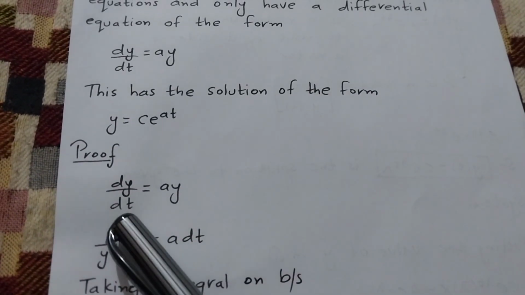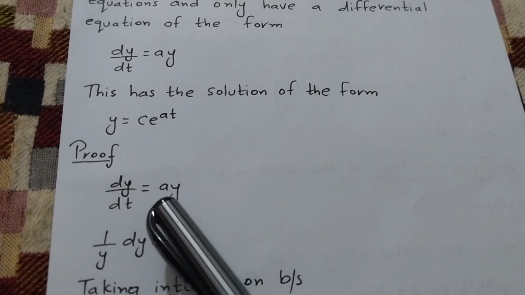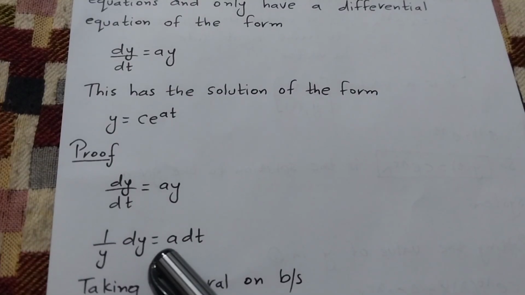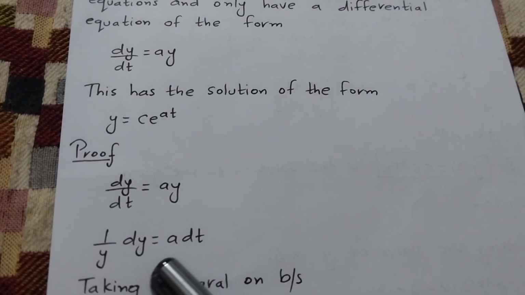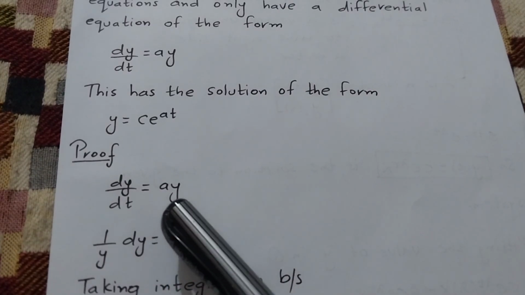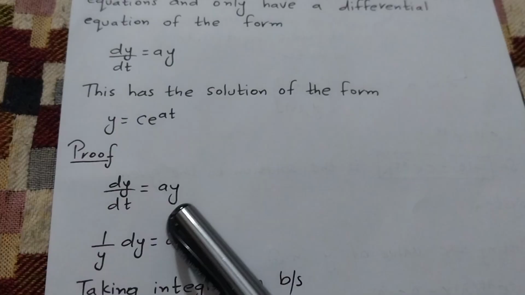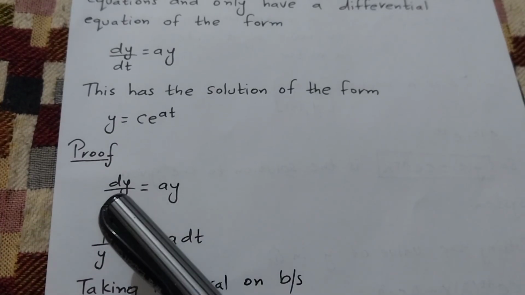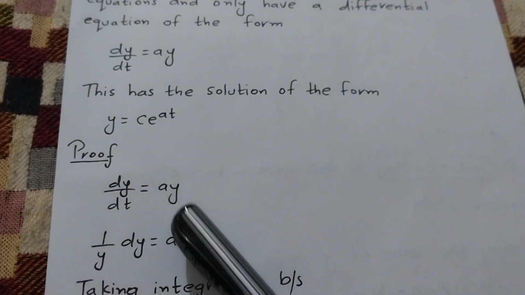So, we have a differential equation dy over dt is equal to ay, and we have to solve this differential equation. For this, we'll use a technique called separating the variables. And what does that mean? This means that we'll move y to the left hand side, with dy, and we'll move this dt to the right hand side.